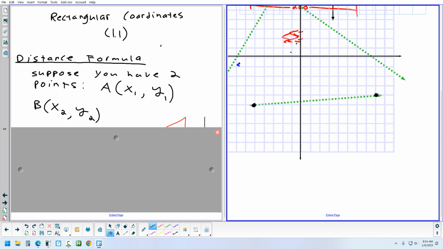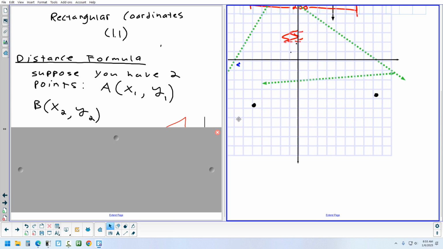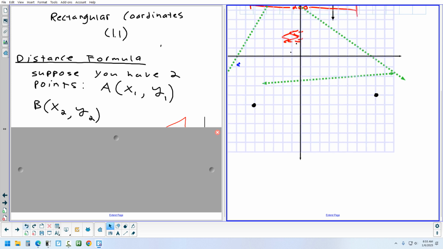Now that I've got those 2 coordinates marked, I'm just going to move that out of the way. I want to find the distance between those 2 dots. Let's call this point A, and that's point B.